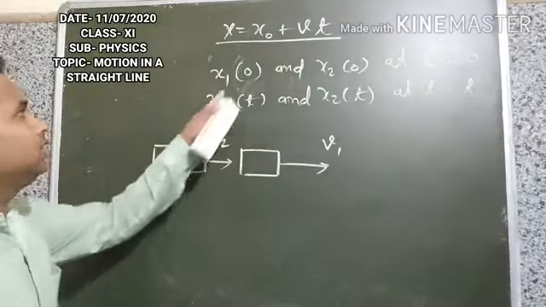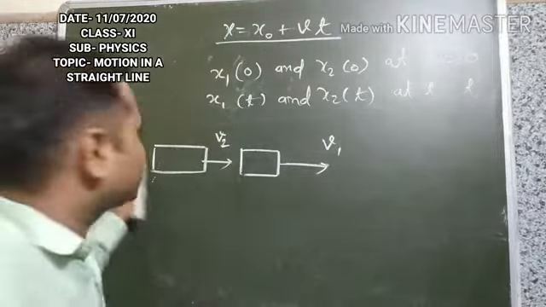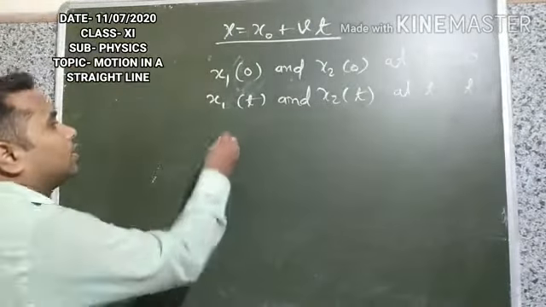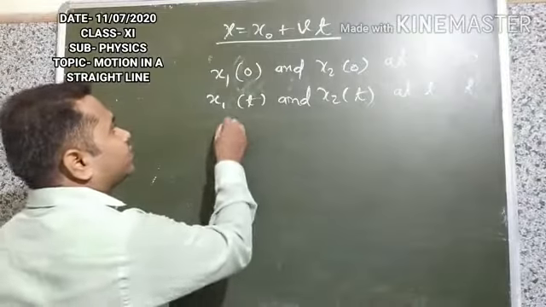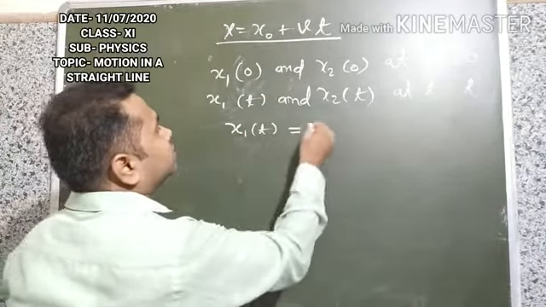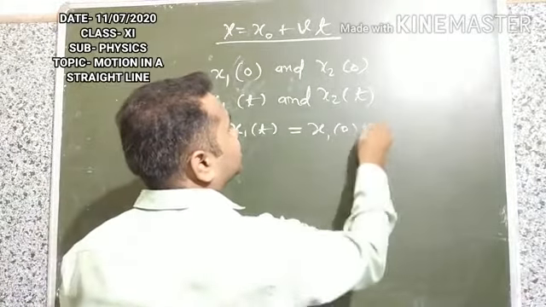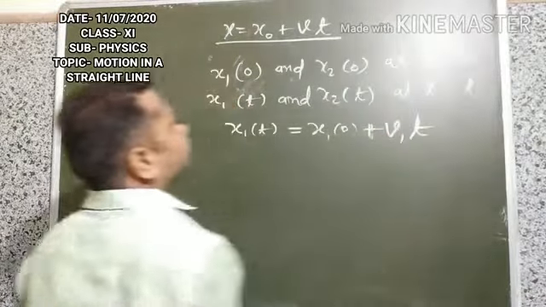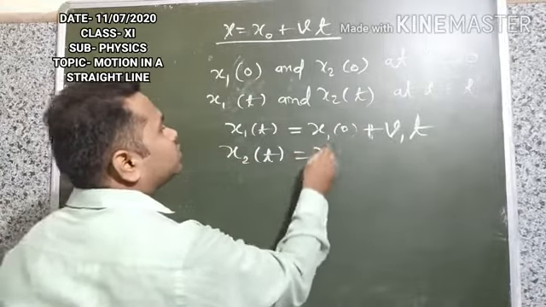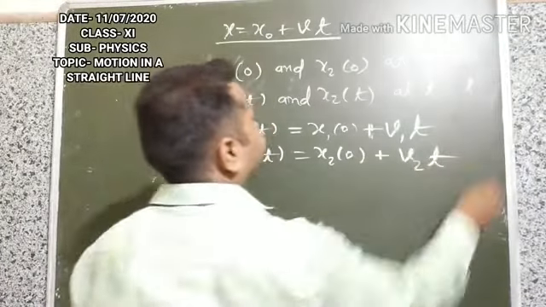So let's apply these two situations in the kinematic equation. For the first object it is x1t equals x10 plus v1t, and for the second object it is x2t equals x20 plus v2t.